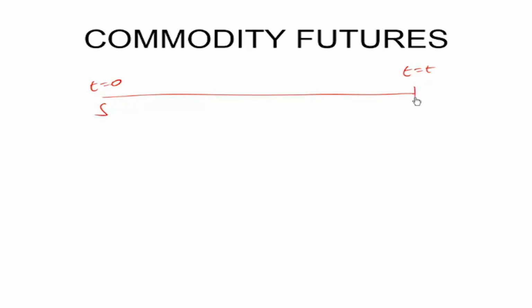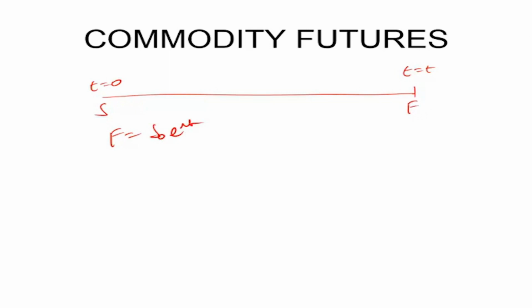So if they want to do that, the seller and the buyer's perspective that we discussed earlier will still hold. That is, the commodity owner can sell the commodity now, or he can sell it in the forward. Similarly, the buyer can buy it right now, or the buyer can buy it in the forward. So the relation F is equal to S0 e raised to power RT should still generally hold.